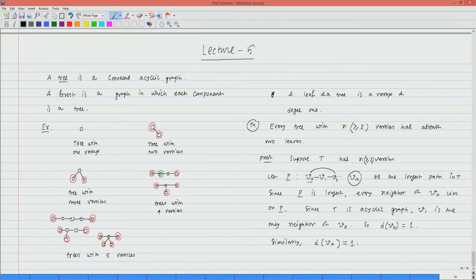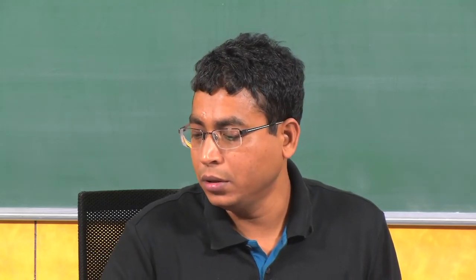So, what we have proved is that a tree with at least 2 vertices has at least 2 leaves. Okay. And next we prove another result related to trees.